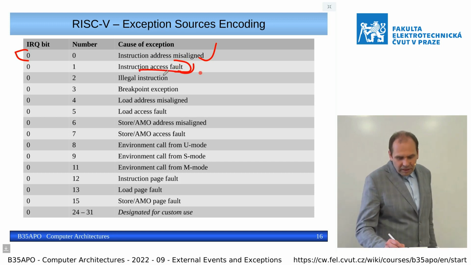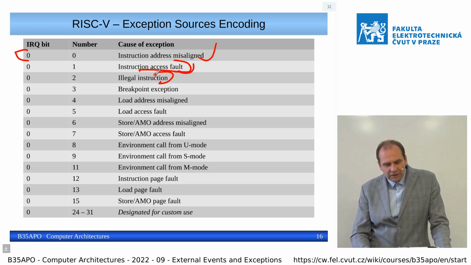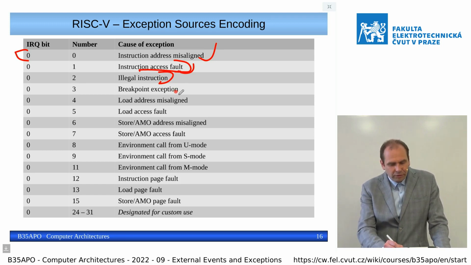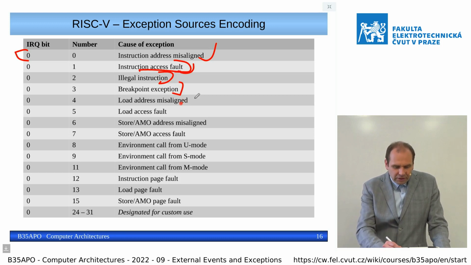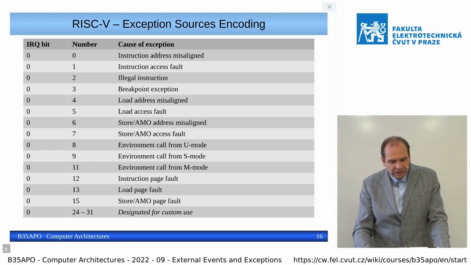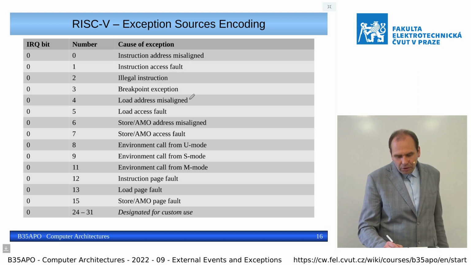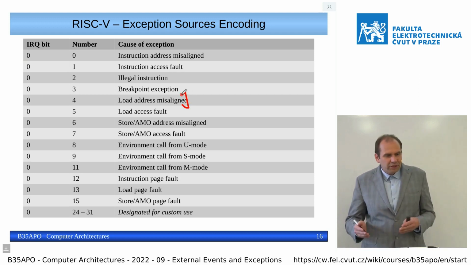If you attempt to execute an instruction which is not known for a given core, then it is an illegal instruction. You can have a breakpoint instruction, which is the ebreak instruction, which allows you to stop the execution. Then you can find that a load is misaligned if you have a variant of RISC-V or a setup which doesn't allow misaligned access, for example, a 32-bit value starting on an odd address.